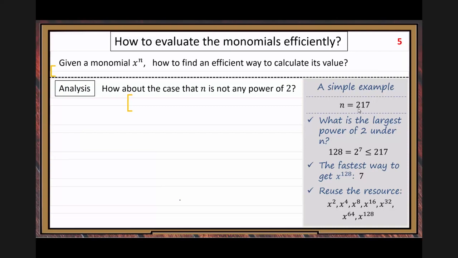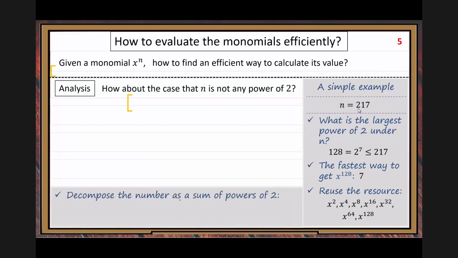We already have them. So next step, we should reuse this resource as much as we can. Now, we decompose the number as a sum of powers of 2.